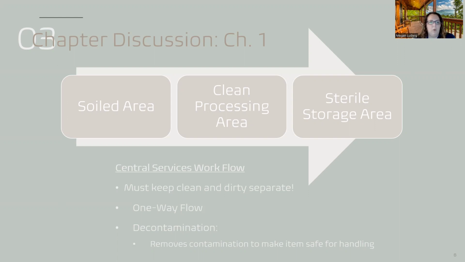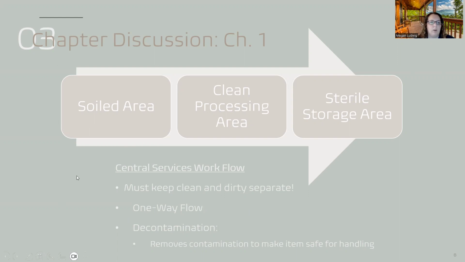If you have on your PPE that is set up for being in that decontamination sink and you've been cleaning instruments, you can't just walk out into the sterile storage area. You have to take that stuff off and make sure you're appropriate for the next area, okay? Clean and dirty separate, super important, okay? So decontamination, this term here, just means removing contamination to make items safe for handling.